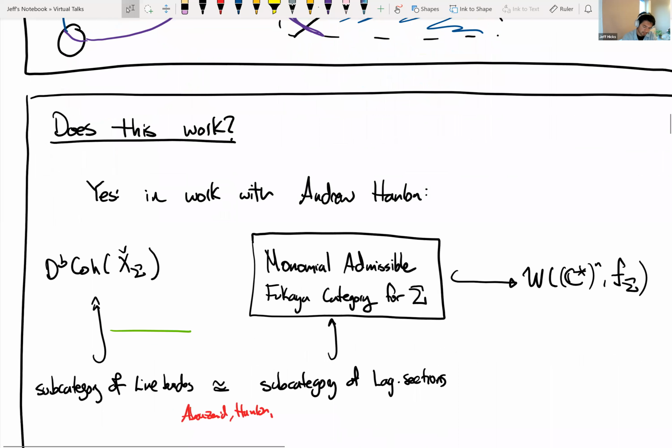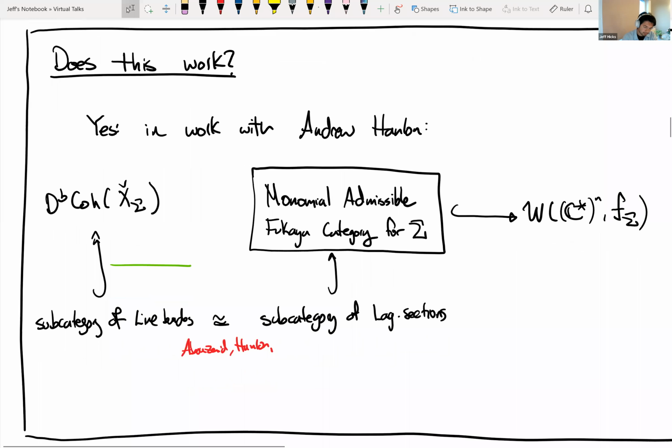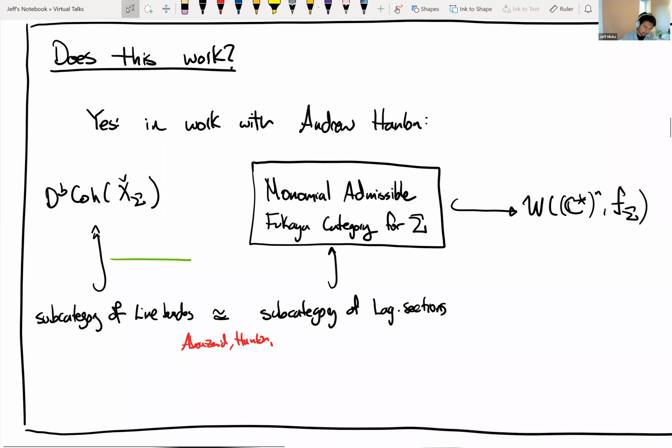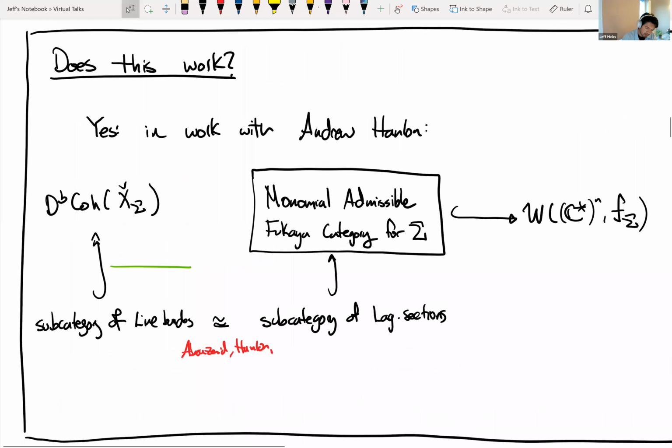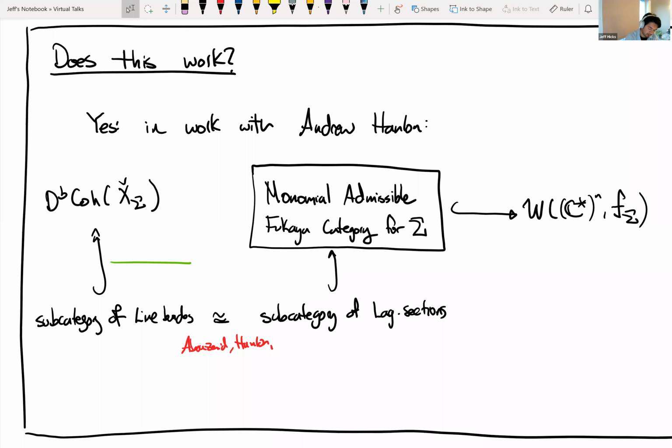So why will this end up giving us homological mirror symmetry for the toric variety? Well, let me tell you about some previous work.